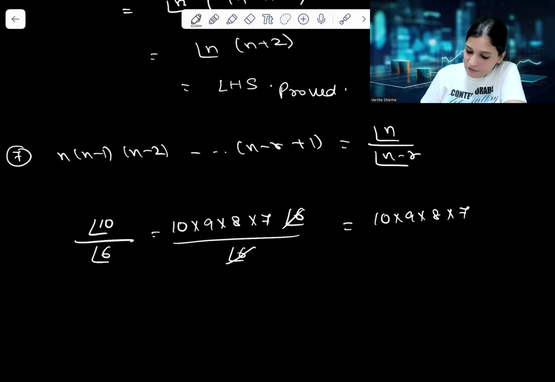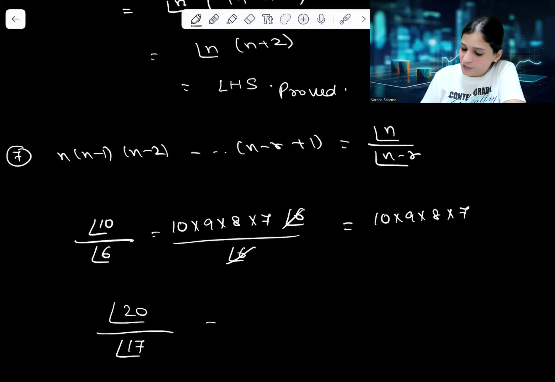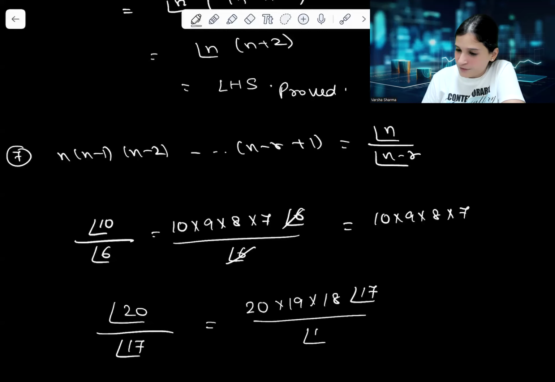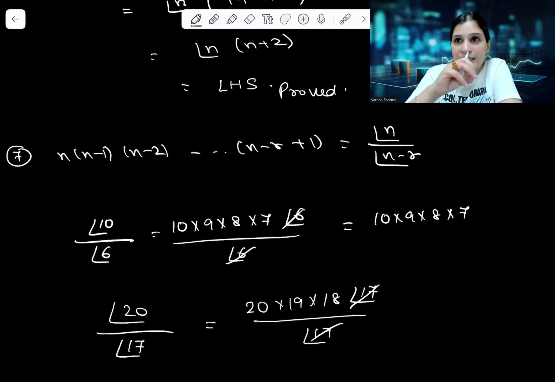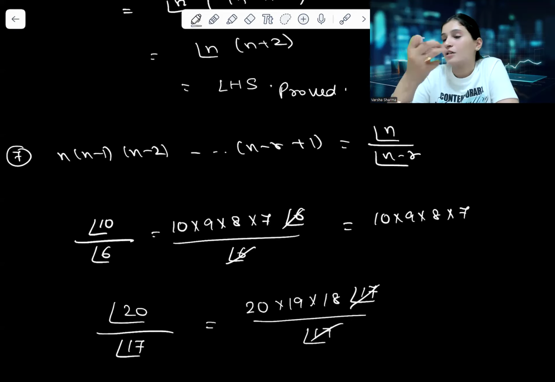If it would have been factorial 20 upon factorial 17, this will be 20, 19, 18, 17 factorial, which gets cancelled. So when I saw that I need to divide 20 factorial and 17 factorial, I got to know that I need to start opening from 20 and I'll stop at a number just more than 17. So I'll stop at 18 because 17 gets cancelled.